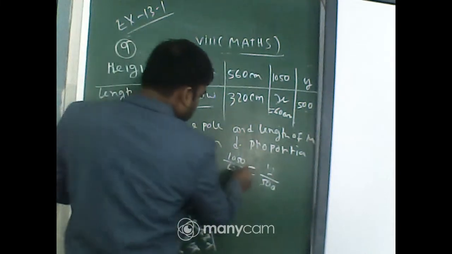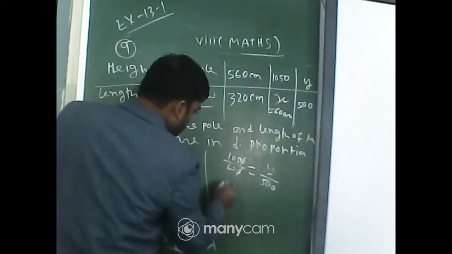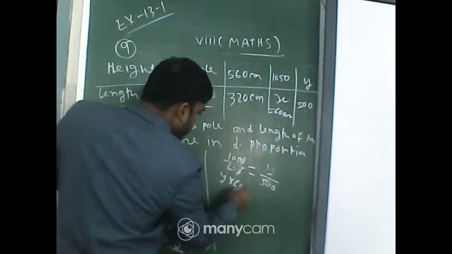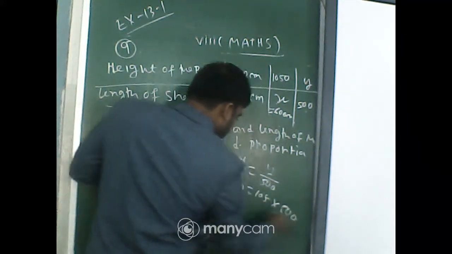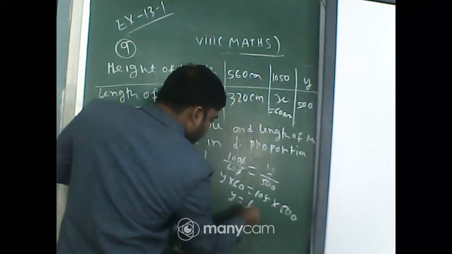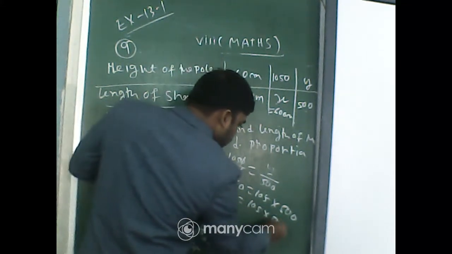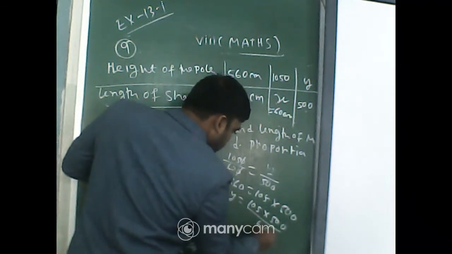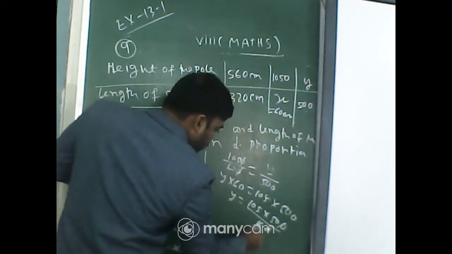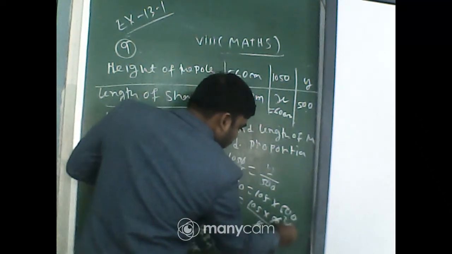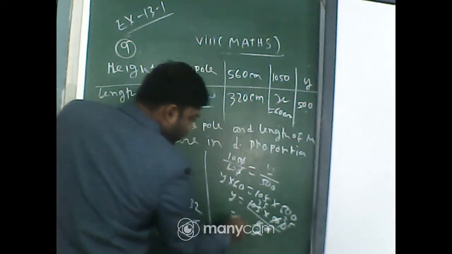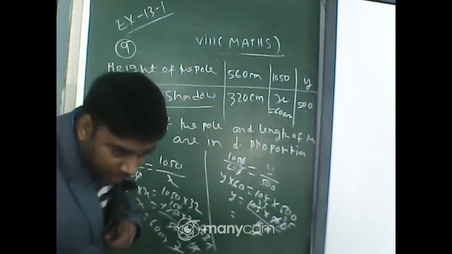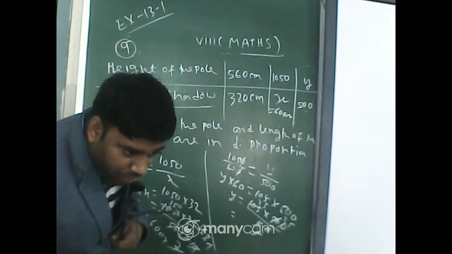Remove 0: y into 60 equals 105 into 500, so y equals 105 into 500 by 60. Remove 0, 3, 25, 3, 5. So 35 into 25 is the answer.